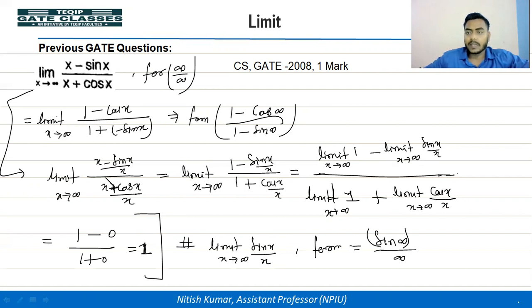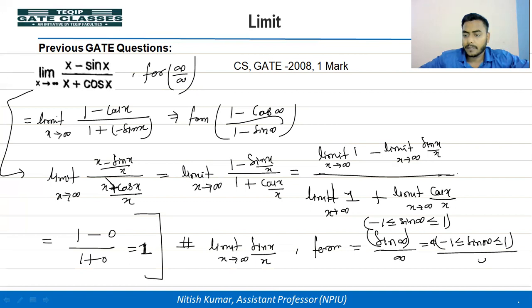Sine theta varies from minus 1 to 1, so sine infinity is between minus 1 and 1, a small quantity, and in the denominator we have infinity, so the result will be 0. Same thing we can apply for cos x by x. So both will be 0.